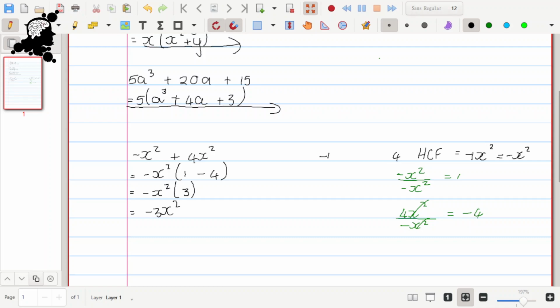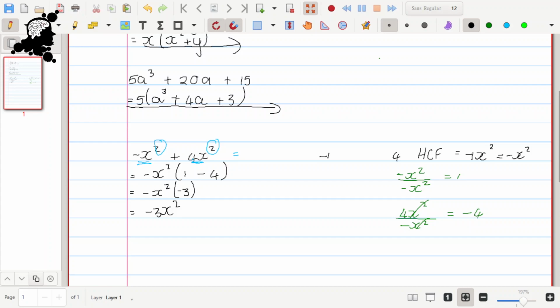In fact, from the get-go, I could have identified that we've got like terms here. And because we've got like terms, remember, like terms can be added and subtracted. What are like terms? These are terms with the same variable that have the same exponents. So I could have just said straight off the bat, negative 1 plus 4, that gives me, whoops, I noticed I made a little bit of a mistake.